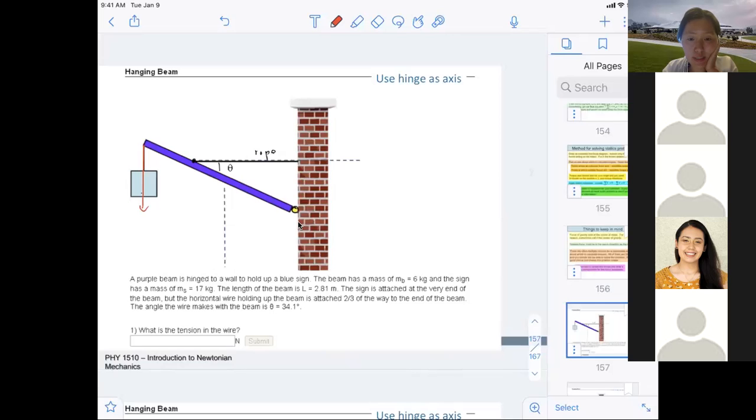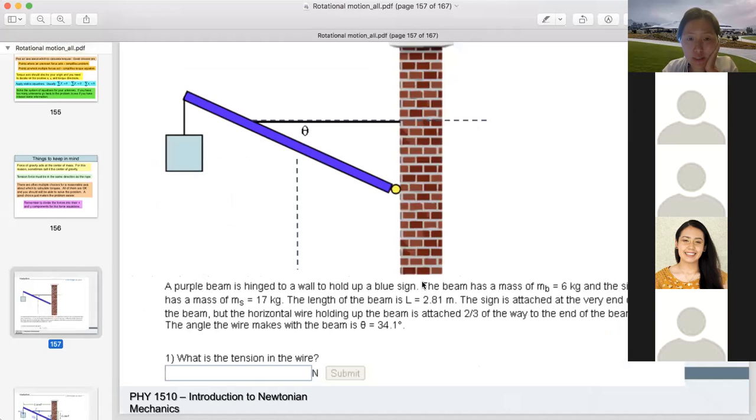We don't know exactly which way, but we can just draw hinge X and hinge Y. Sorry, I had to switch the screen you're seeing, because I need to get my pen charged again. All right, so these are the forces. I will put them on later.